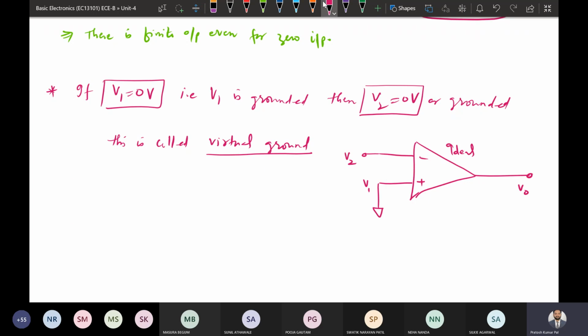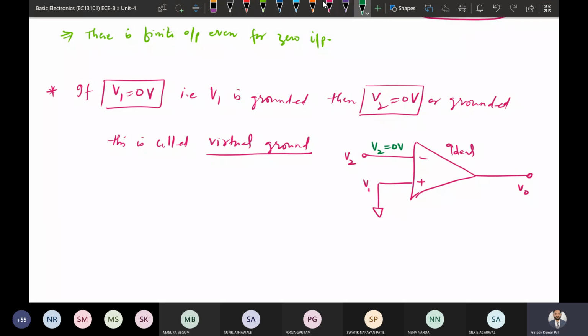If V1 is connected to 0, whatever V2 is, V2 will also be equal to 0. Because V1 is grounded, V2 will also be 0 volt. So this is called virtual ground.